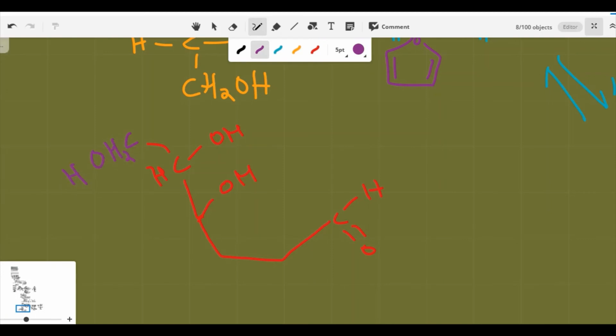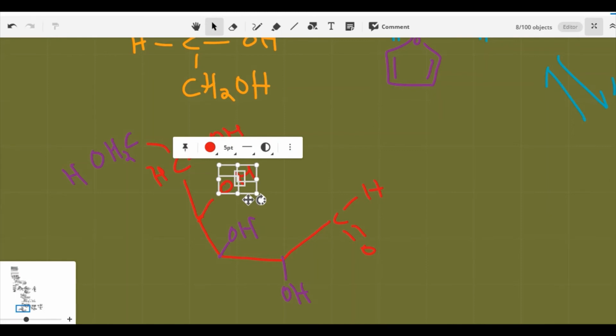Okay, so now you have to see in this structure you have two positions, the carbon 4th position and carbon 5th position. Let me change the color of that hydroxyl group.